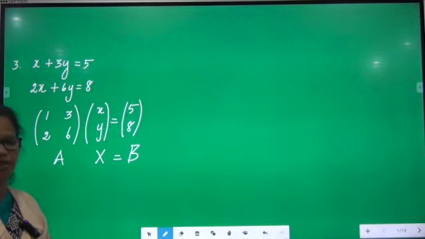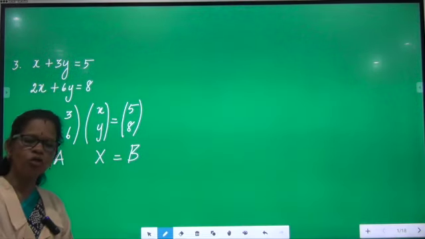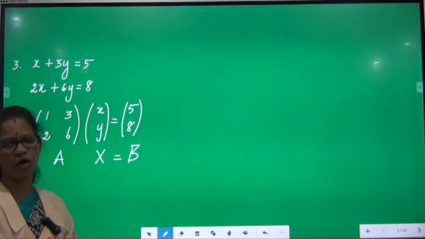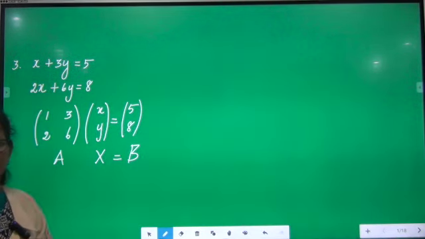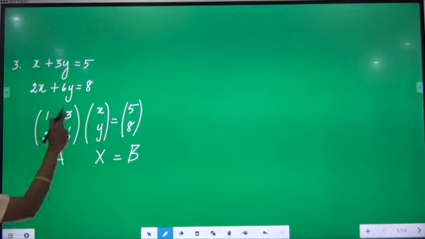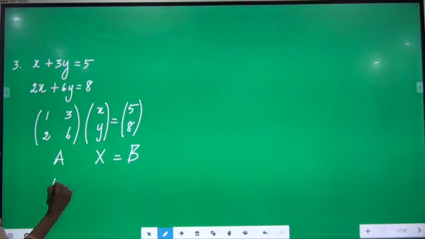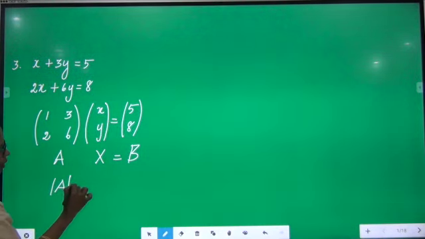Examine the consistency. Right. If you want to check whether it is consistent or not, you want to find the determinant of A. The matrix you are going to transfer into the determinant.